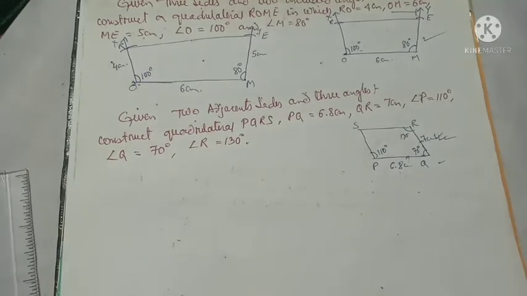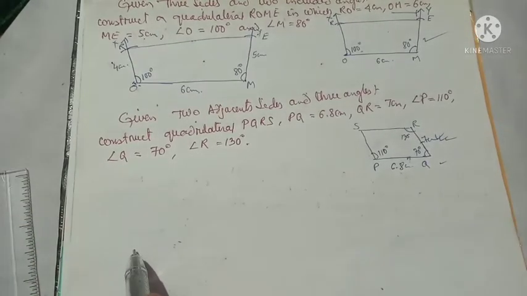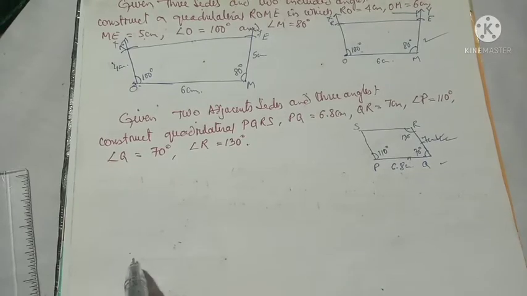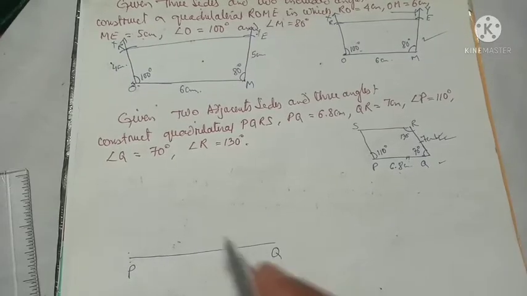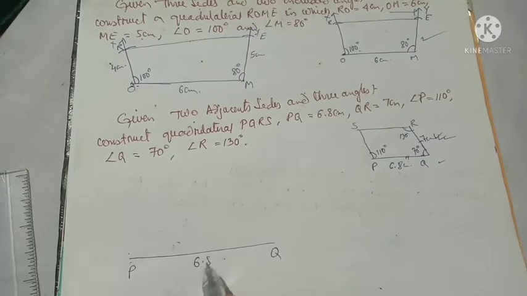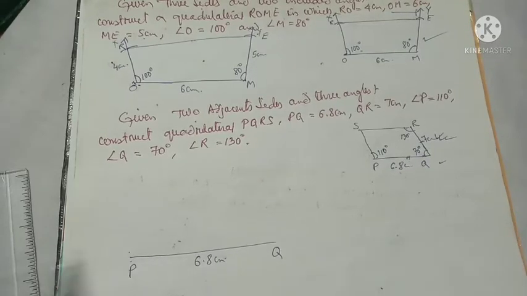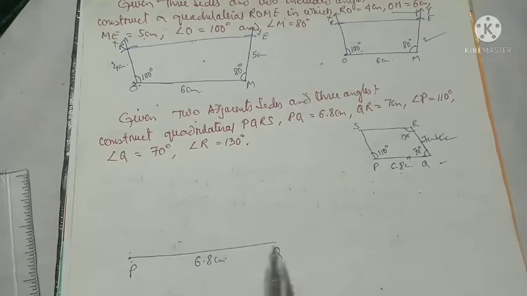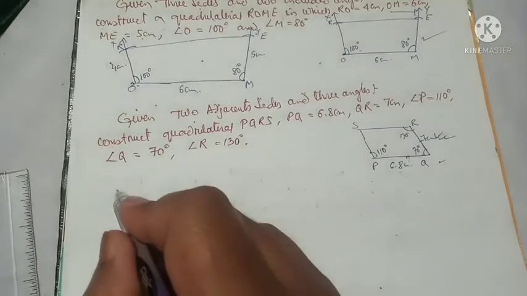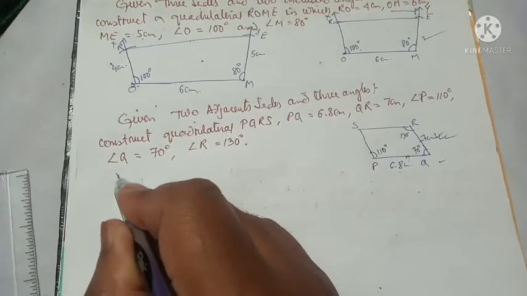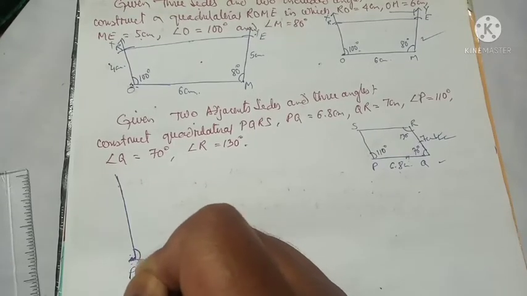See, first step, draw a line segment PQ. We draw a line segment PQ equal to 6.8 centimeters. Now at P we construct angle QPX of measure 110 degree. So we have to construct one angle here, that is 110.